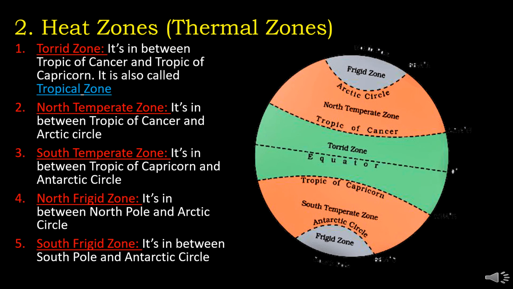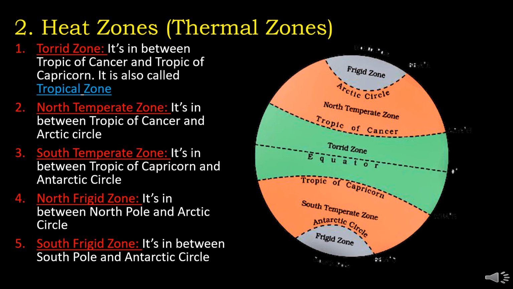The lines of latitude indicate the general climate of the area by applying the principle of heat zones or thermal zones of the earth. The area lying between Tropic of Cancer and Tropic of Capricorn is called the torrid zone. It is also called tropical zone.